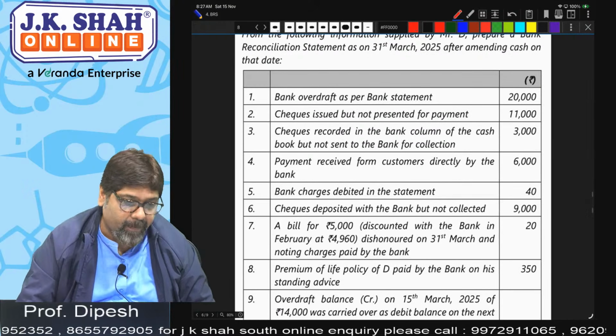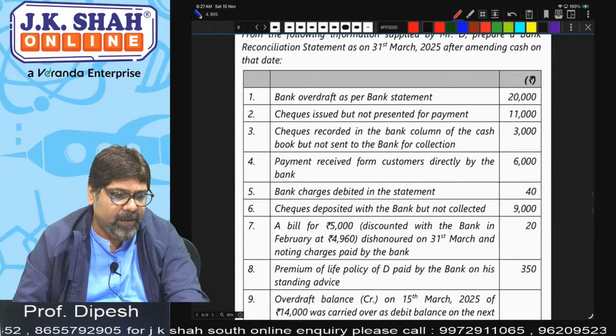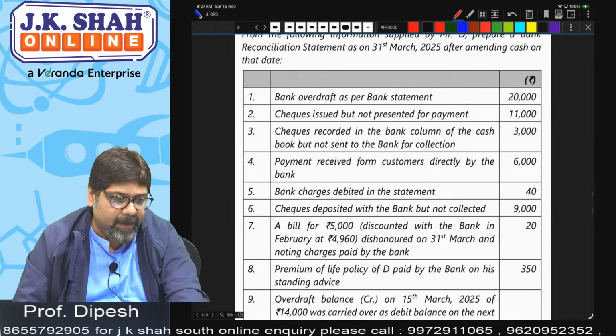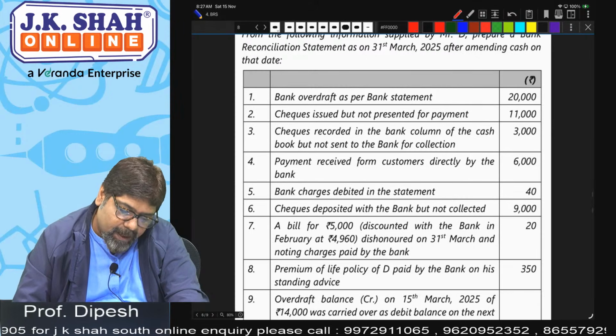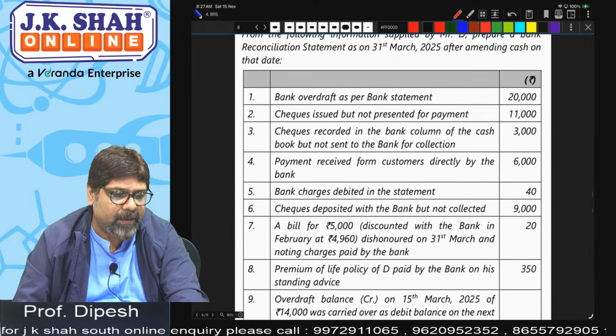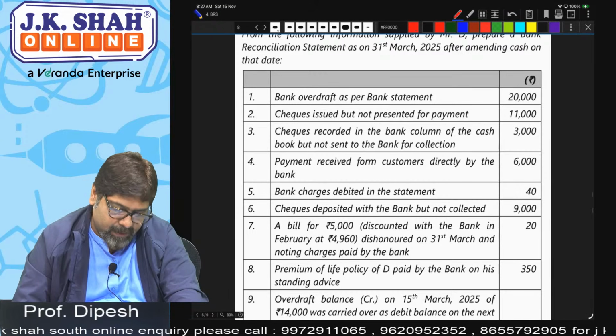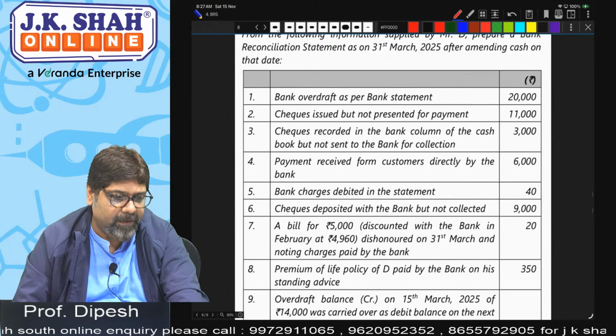Bank overdraft as per bank statement is how much? 20,000.